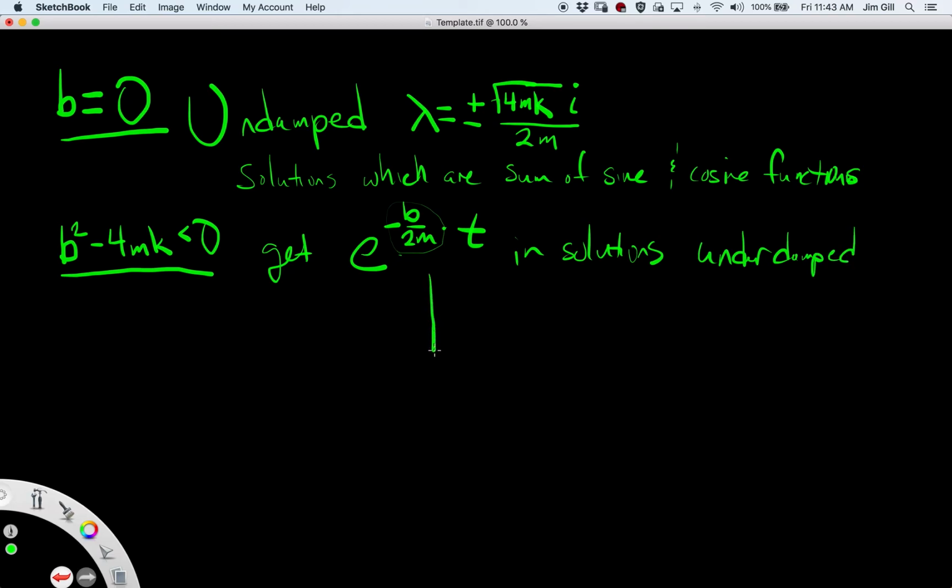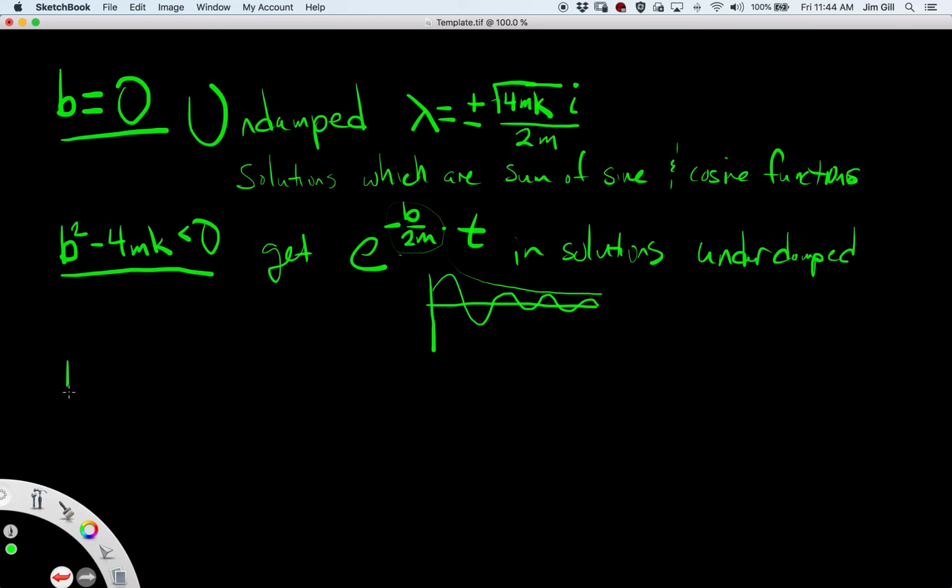And if you were to plot one of these solutions, it would look like this. Okay? So we are getting this exponential decay in the magnitude of the solution, but it oscillates back and forth forever. Okay.